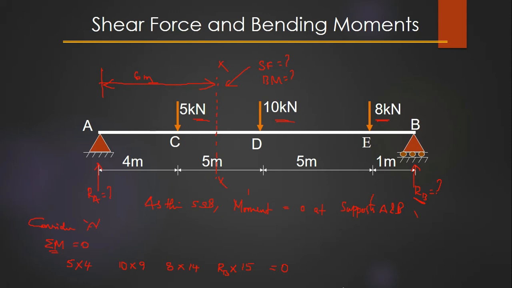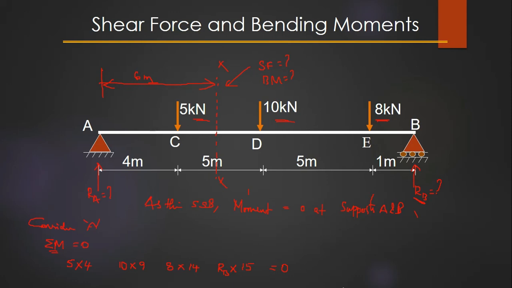So see the direction in which it is trying to move, clockwise, of course, but what is happening here is, about point A, this 5 kilonewton is actually trying to bend this beam downwards. Okay, downwards.